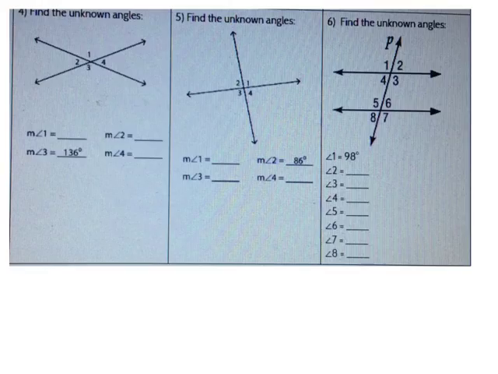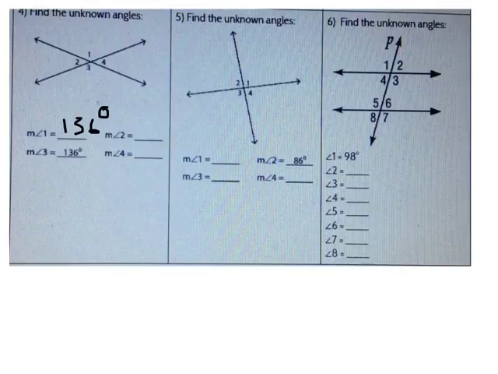Now let's look at some angles. In number 4, angle 3 equals 136 degrees. What's the measure of angles 1, 2, and 4? Which angle is equal to angle 3? Angle 1 is equal to angle 3 because the two are vertical angles.